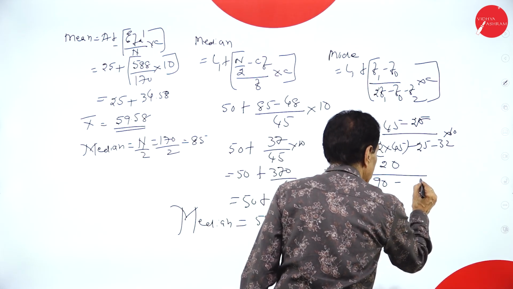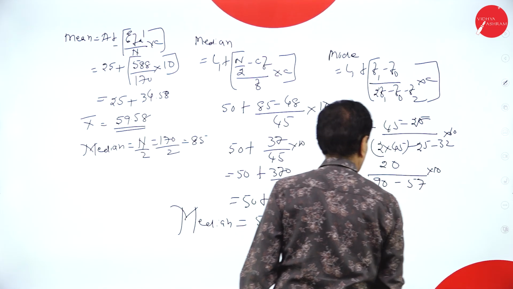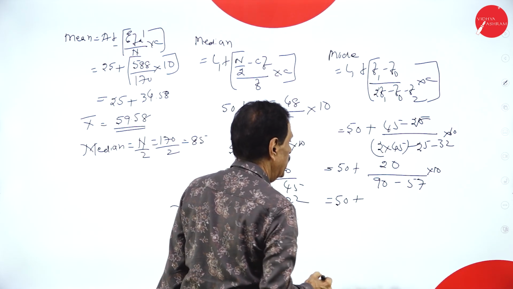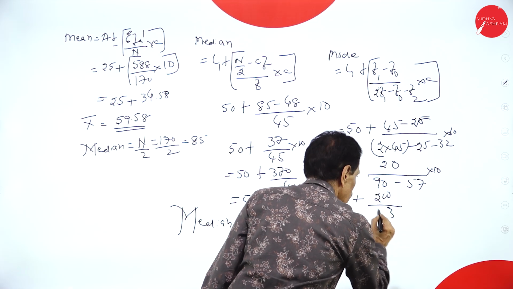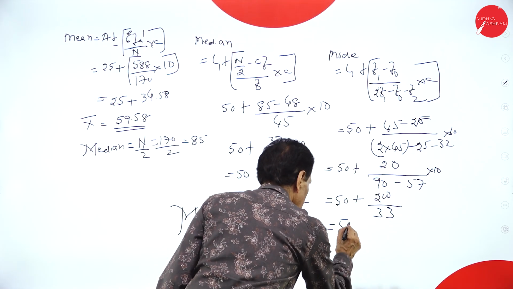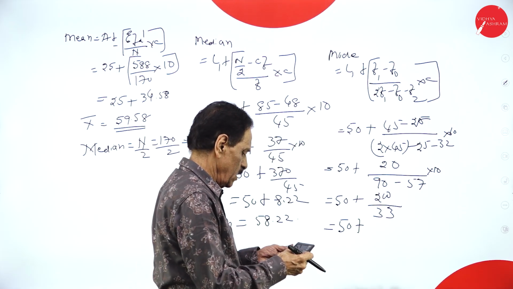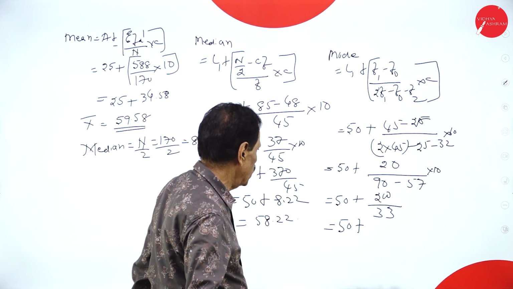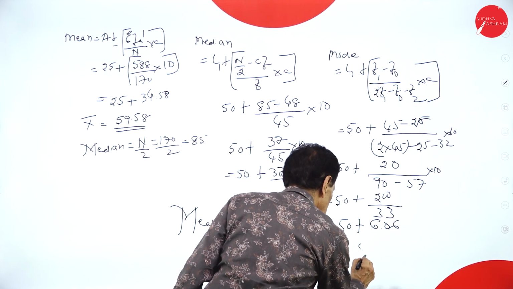Minus should be added. 57 into 10. This is 50. 20 into 10 is 200 divided by 33. 200 divided by 33, 6.06. 56.06.